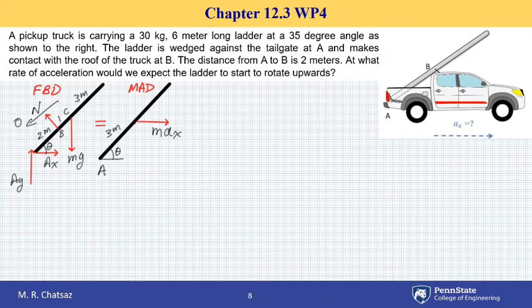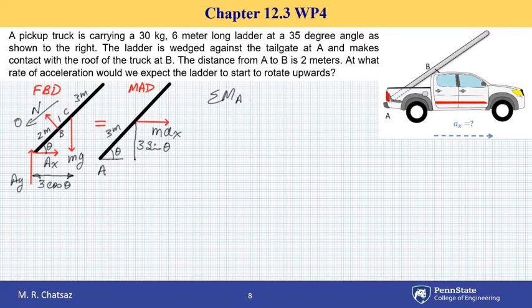Acceleration max acts in the middle of the ladder, which is 3 meters away from point A. So then this perpendicular distance is 3 sine of theta, and the distance between weight mg and point A is 3 cosine of theta.